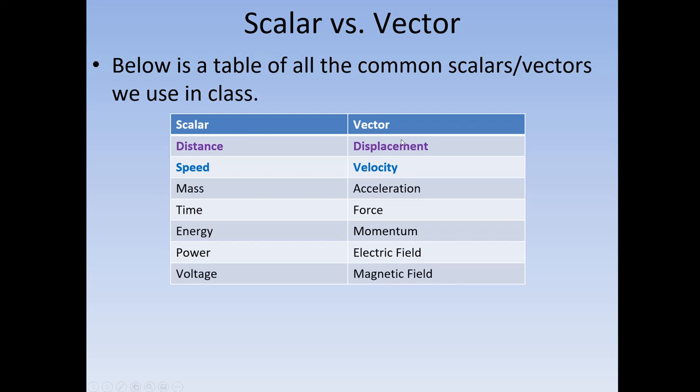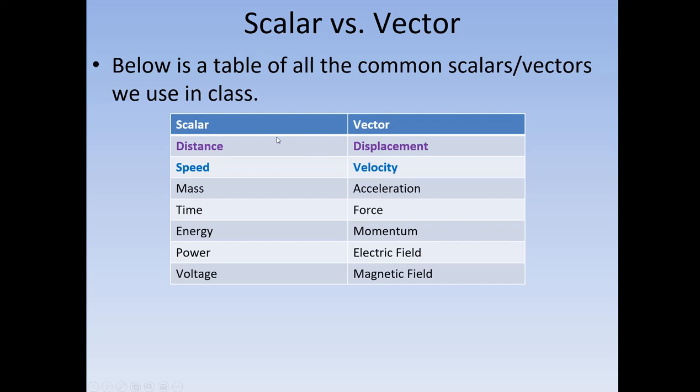In particular, there really are only about five, maybe six vectors that are covered by the regents especially. AP probably has another three or four vectors in there. But compared to the scalars, it's almost infinite. Essentially, if you see something that's not on this list, chances are it's a scalar.